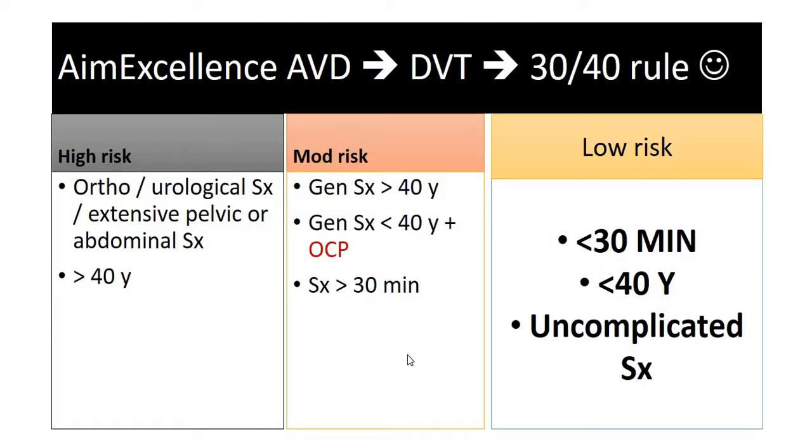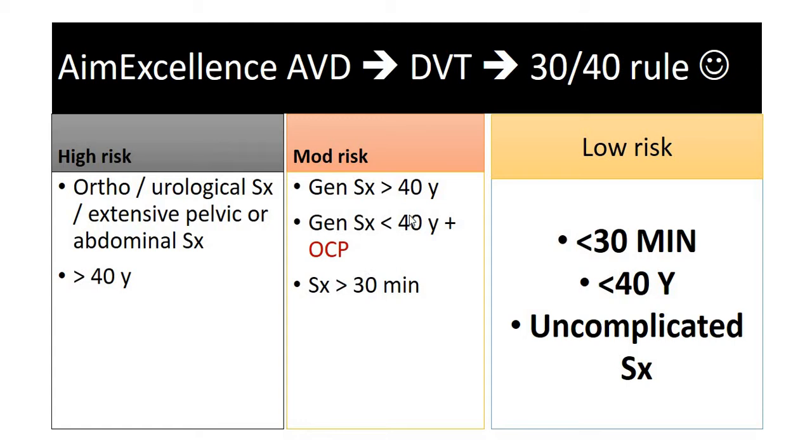And the patients can be differentiated in three categories by the 30-40 rule. Remember the 30-40 rule. If the surgery is less than 30 minutes, it is a good prognostic factor. If the surgery is more than 30 minutes, it's a very bad prognostic factor.